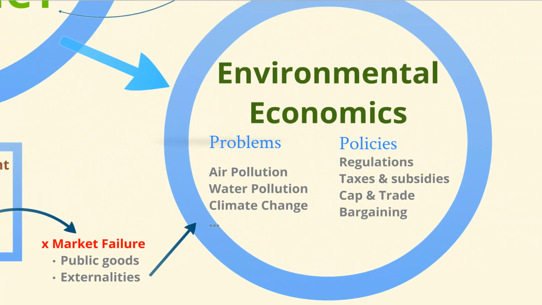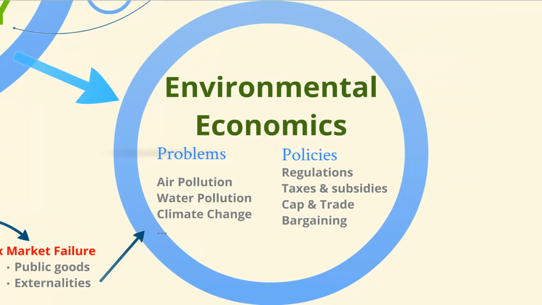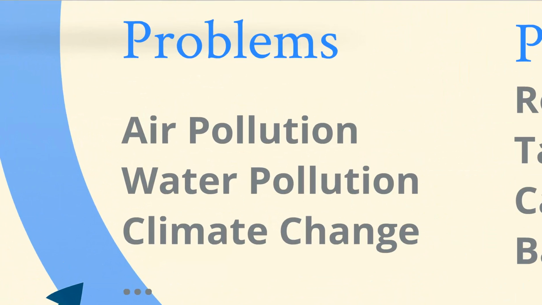And that's going to take us to the general category of environmental economics. In environmental economics, we're going to focus on problems like air pollution, water pollution, climate change. Why is it that we don't have socially efficient outcomes when we have air pollution? Well, we don't have socially efficient outcomes because we don't have exclusivity, and that means we're not going to maximize the net benefits to society as a whole.